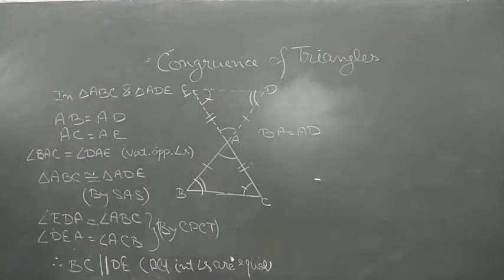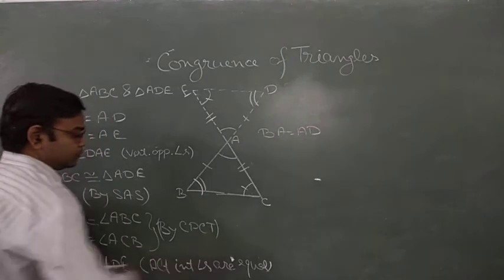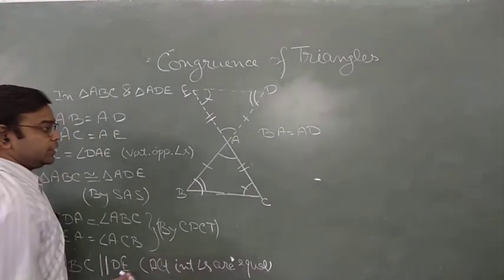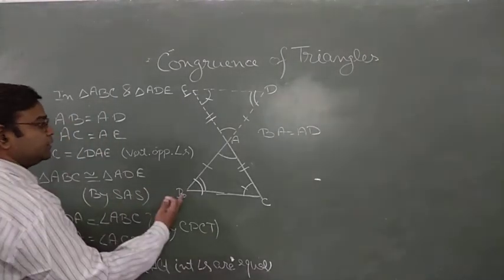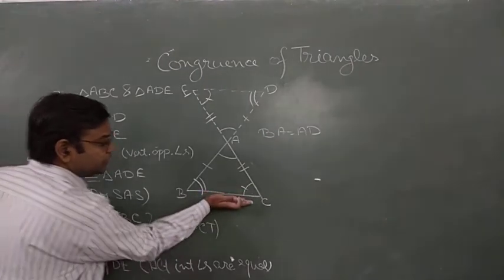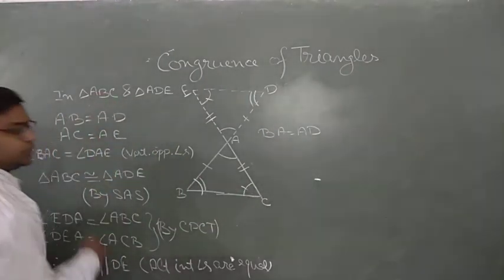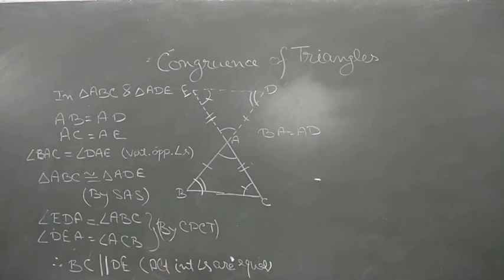So I hope the concept is clear. I have to solve in one scale, that's why I am writing a little bit messy in the figure. All of you first draw the figure, then below write down this proof. Clear? I hope this is clear to you.